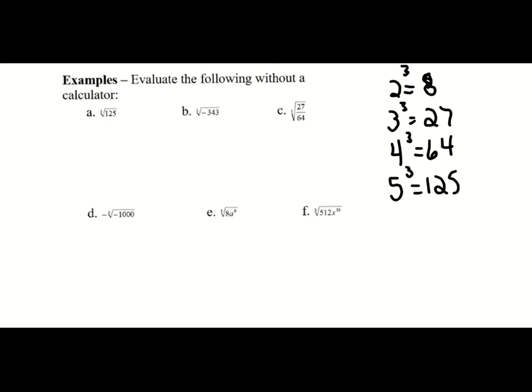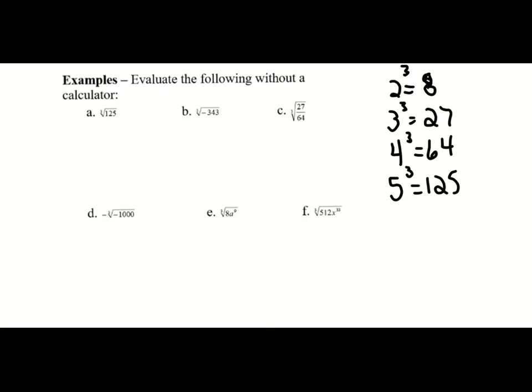I know that 2 to the third power is 8 because we just talked about it. 3 to the third power would be 3 times 3 times 3. And that is going to give me 27. 4 to the third power is 64. 5 to the third power, I happen to know, is 125. And you could keep going, make the list a little bit longer.